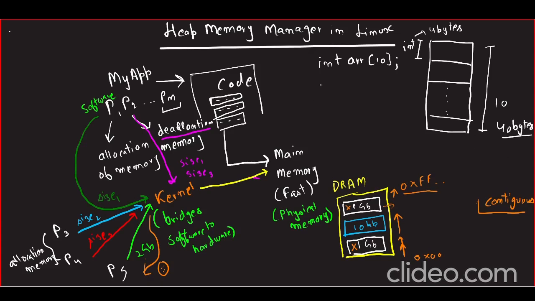Now let's say that you want array of 0, which actually turns out to be the address of the array also, the starting address. This particular address is 0.